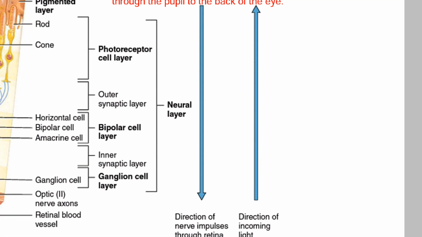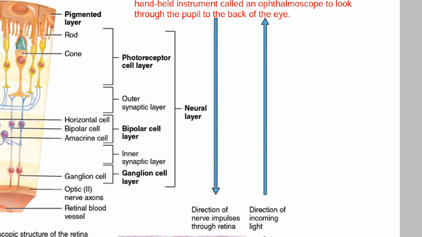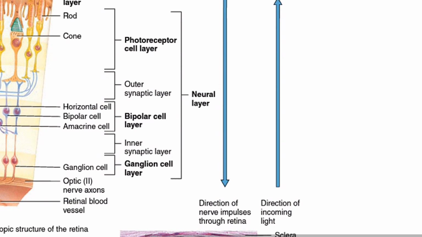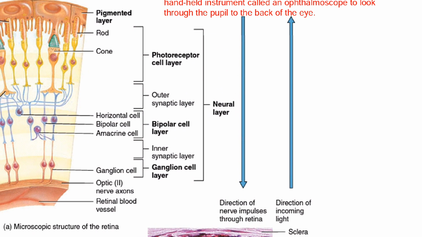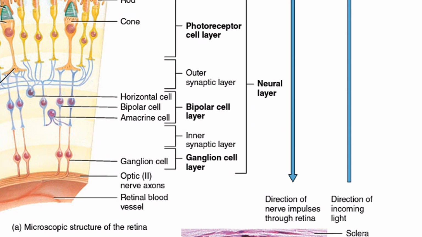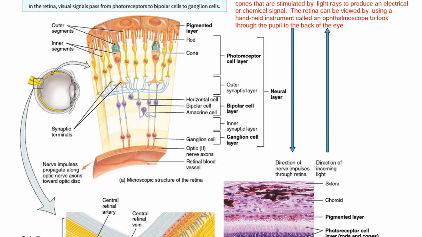Here you see the arrows. With this arrow on the right hand side they are showing the direction of incoming light, and with this arrow on the left hand side they are showing the direction of nerve impulse through the retina.